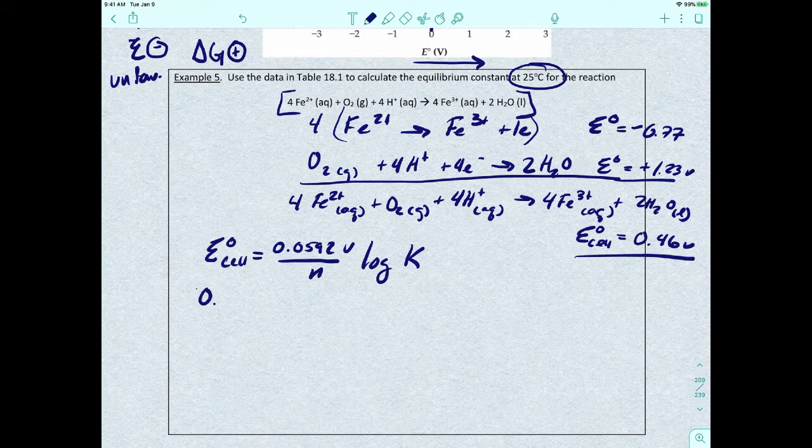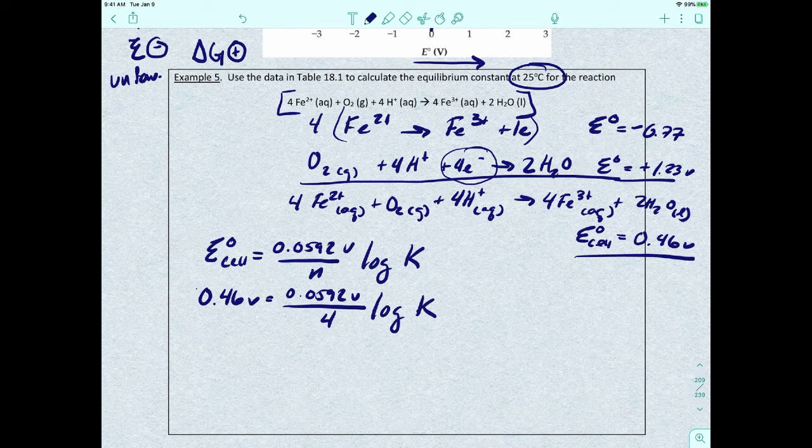So if I pop that in, 0.46 volts is equal to 0.0592 volts divided by N. In this case, N is going to be 4 because that's how many moles of electrons we had, times the log of K.